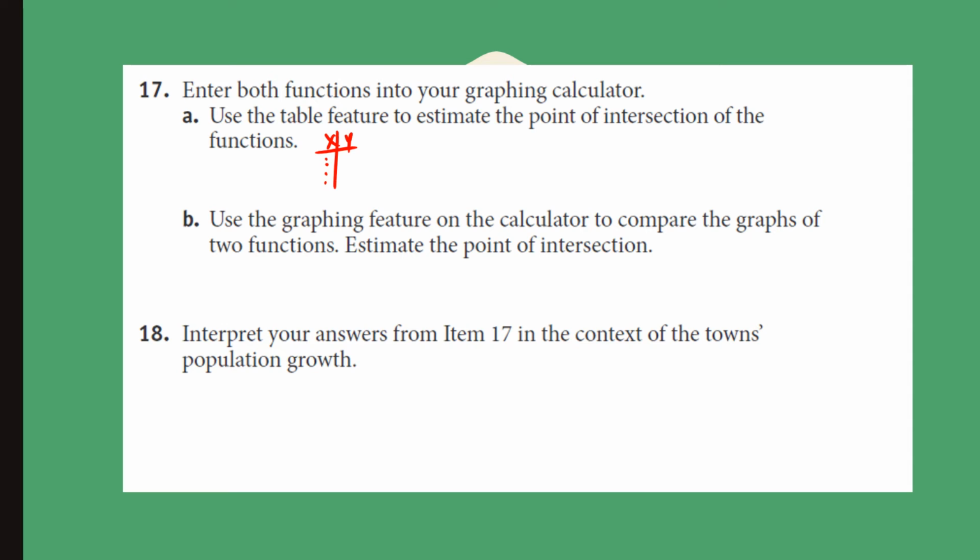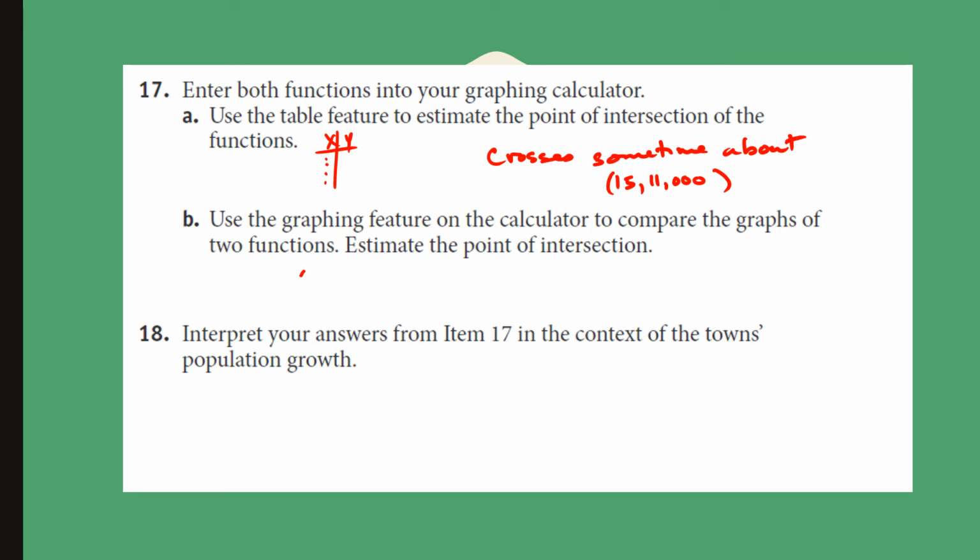So it crosses sometime about 15, and we would see that it was somewhere a little above 11,000. So we'd probably come up with something like that if we use the tables.